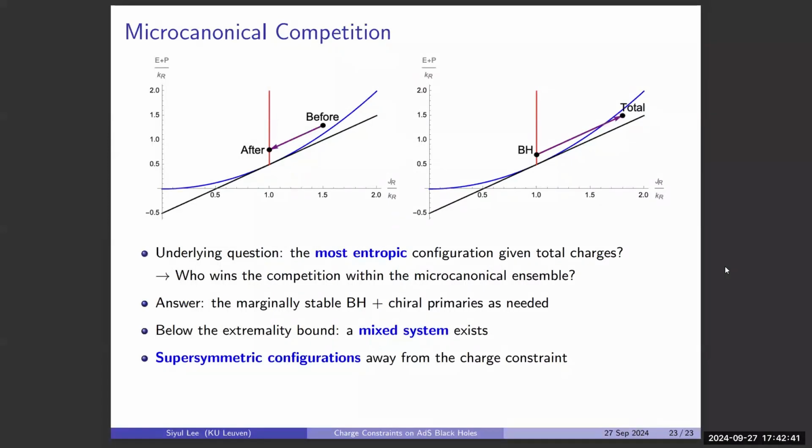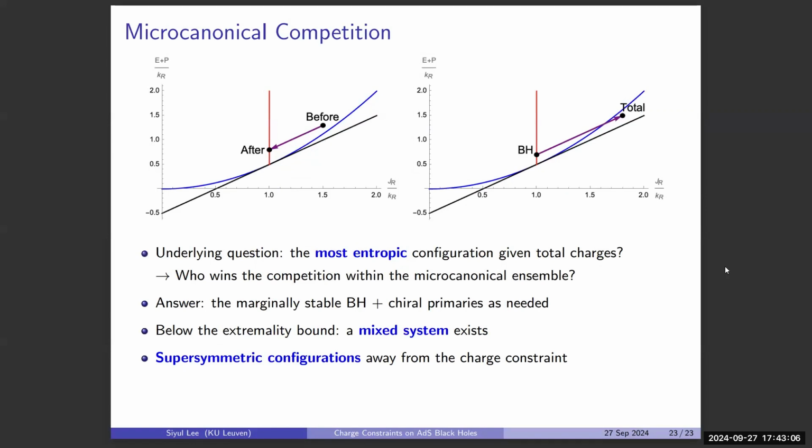And this suggests another scenario where there is no known black hole solution. At this point in the gap, there's no known black hole solution without any chiral primaries. But this implies that there could be a marginally stable black hole at this point, surrounded by enough chiral primaries to bring the total charge of the system from here to here.